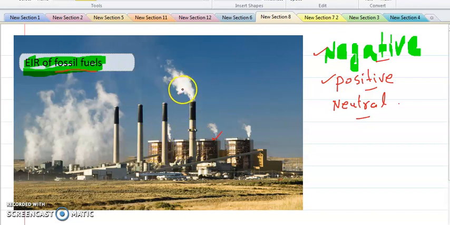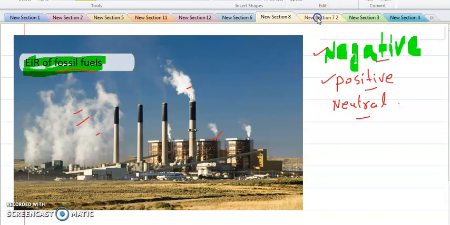These fossil fuels are releasing a lot of harmful gases in the environment. So ultimately, they have a bad impact on the environment, like the release of carbon dioxide or the release of carbon particles that get converted into carbon monoxide, and it also causes acid rain, which is very harmful for the environment. So we can say the EIR of the fossil fuels is negative.